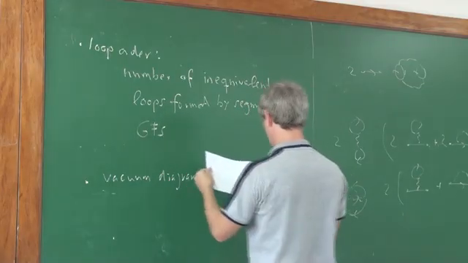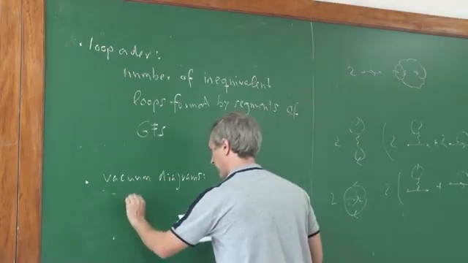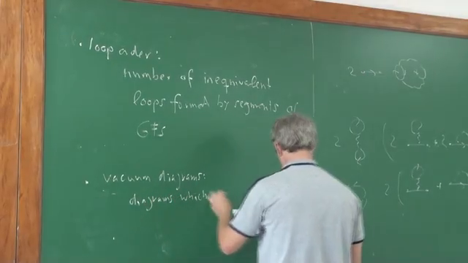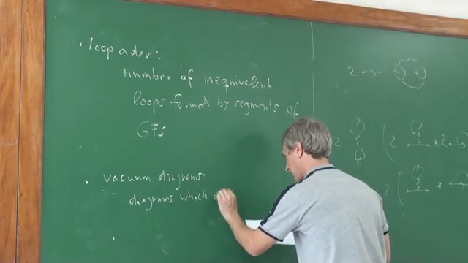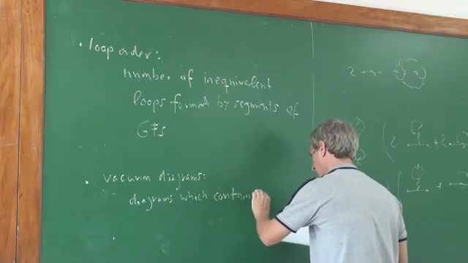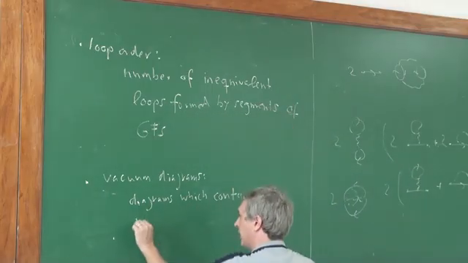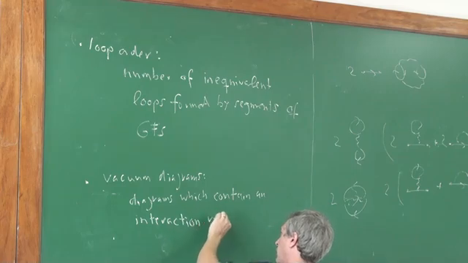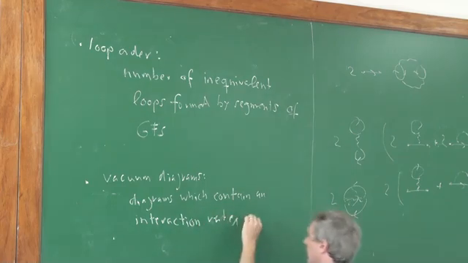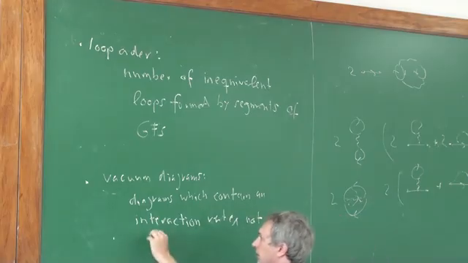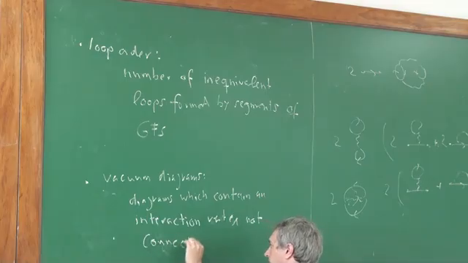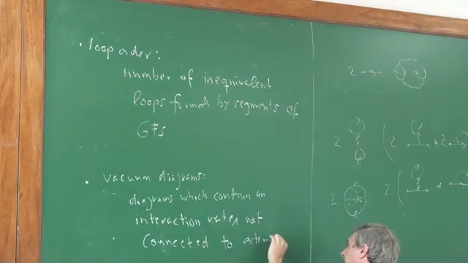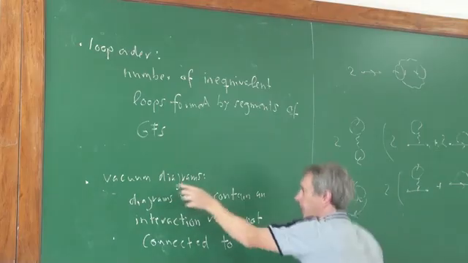And these are diagrams which contain an interaction vertex which is not connected to external legs. So this is the notion of the vacuum diagram.